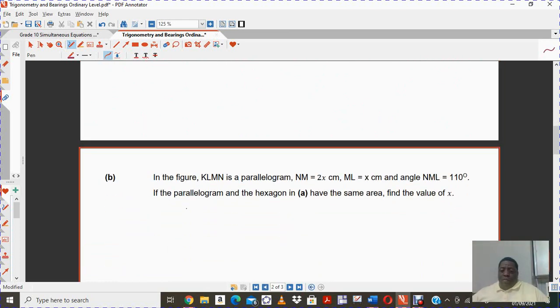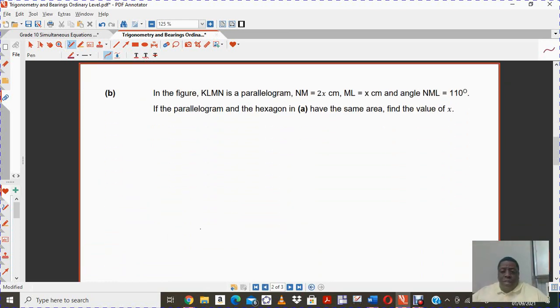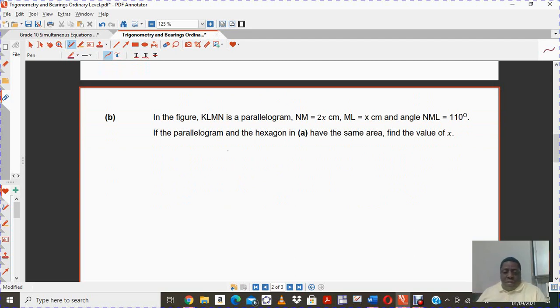So the next question is about a parallelogram. The figure is not there, but let me just draw it. So you have a parallelogram. Let me label it properly.